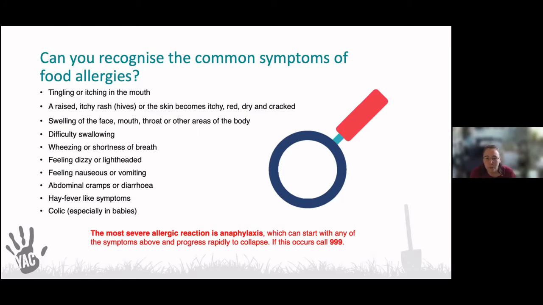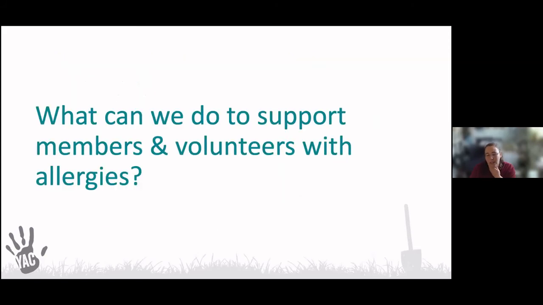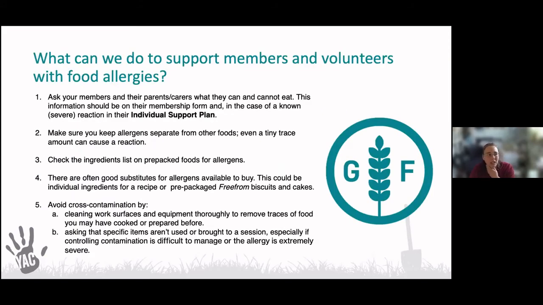So it's just a way to get the whole group to think about what is an allergic reaction, because when we think of food allergies, we go straight, is that catastrophizing again, you go straight to anaphylaxis. And then thinking about what we can do to support members and volunteers with allergies.